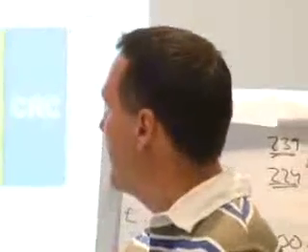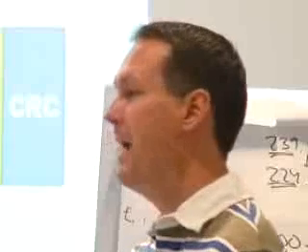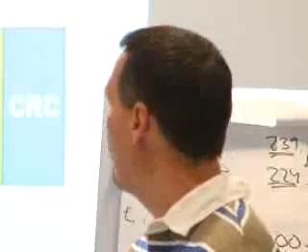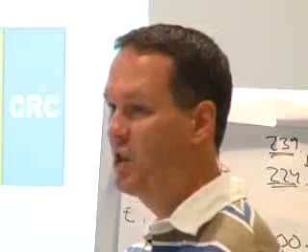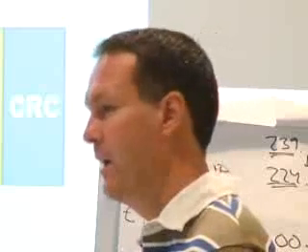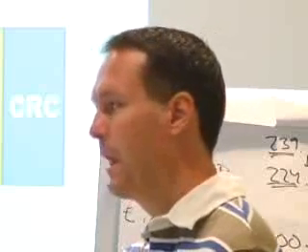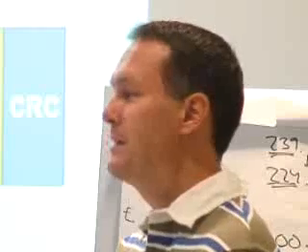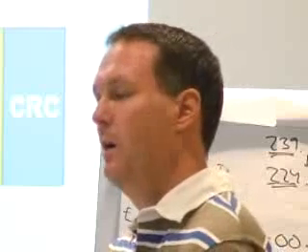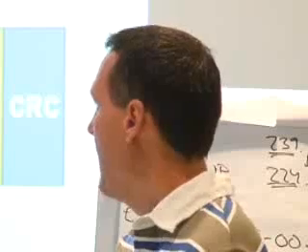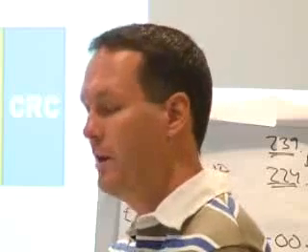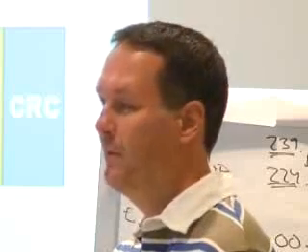The length field is telling me not what this is, it's telling me how long it is, how much data is inside the Ethernet frame. So you can see whether it's an IEEE frame, because it has a length field, and you can see if it's an Ethernet 2 frame, because it has a type field.